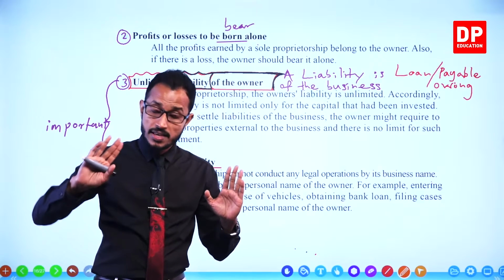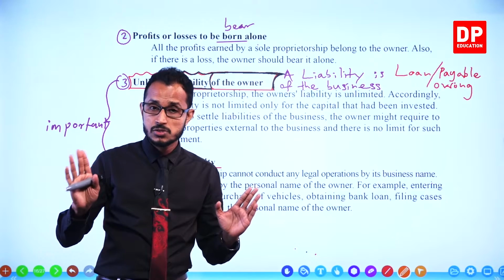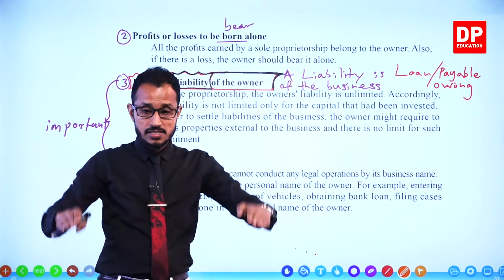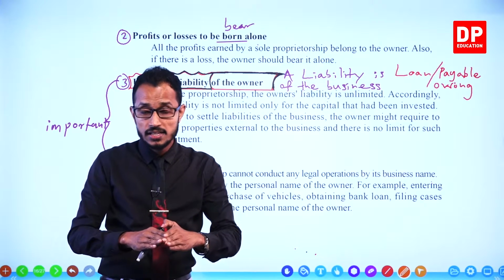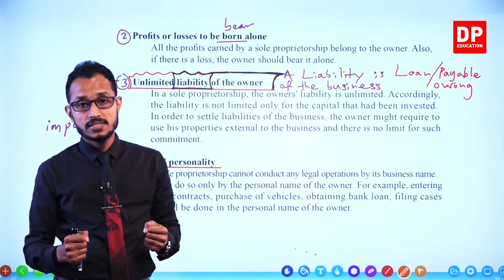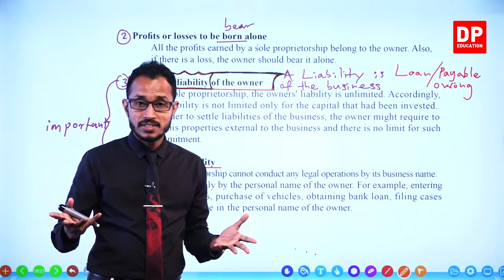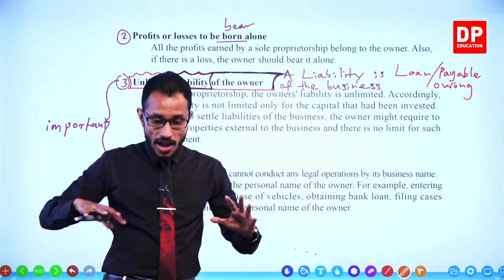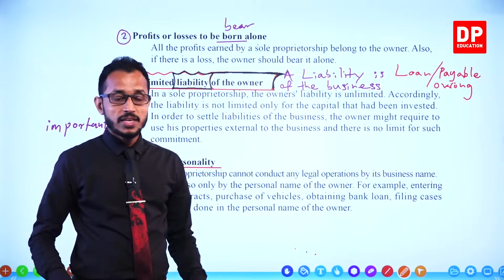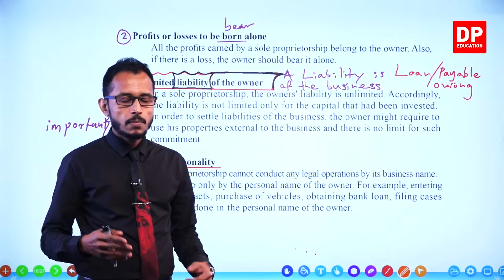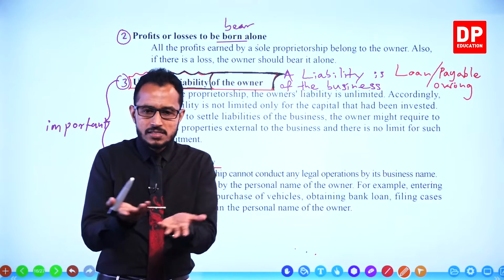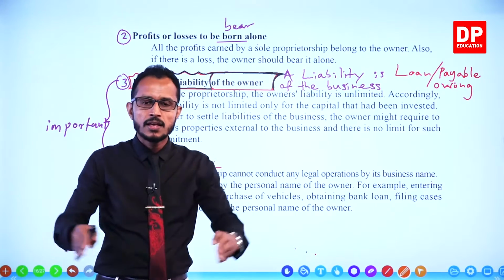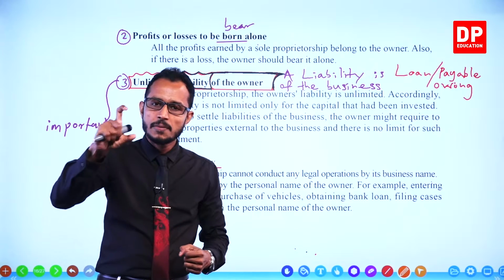There are types of business organizations which are considered as persons, individuals, people, not biologically a person like me or you, but the business is considered as a separate person.